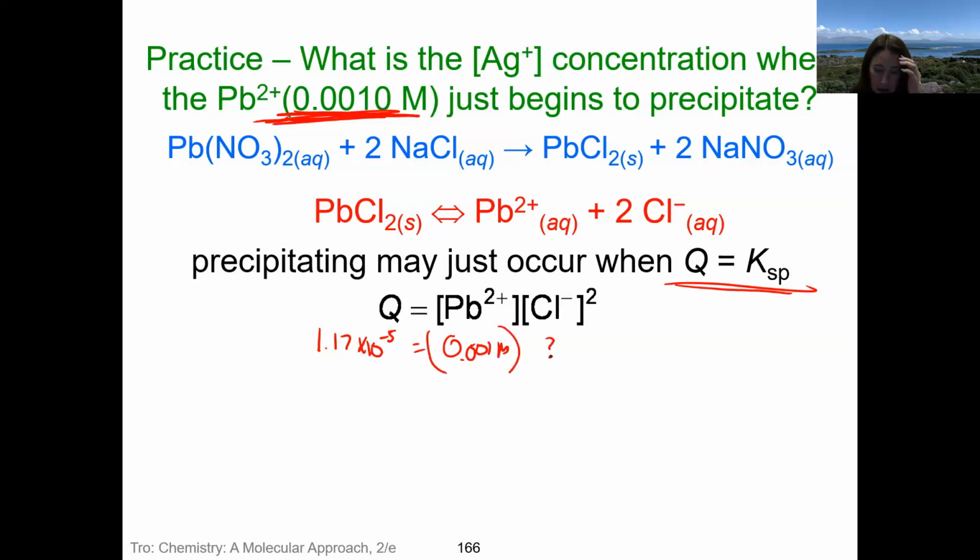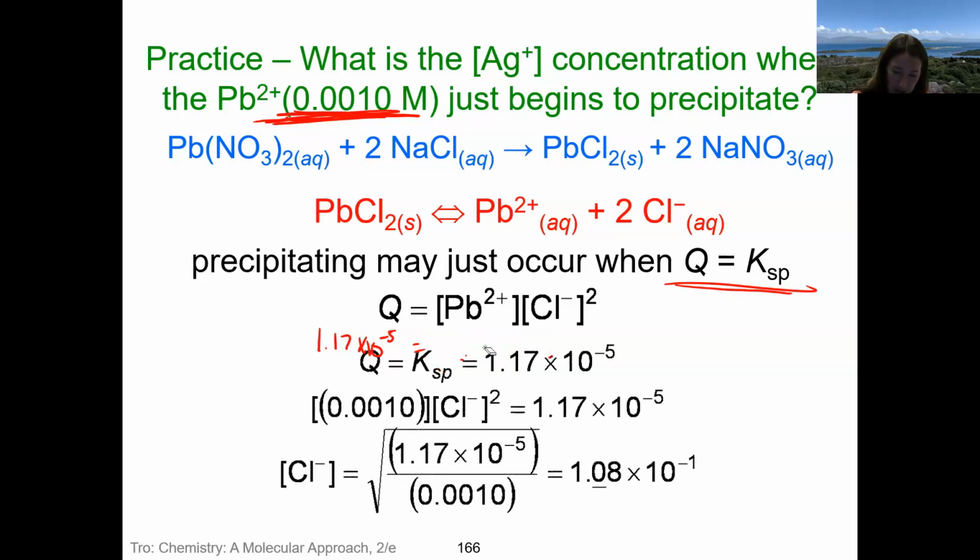And we're going to figure out our Cl. Then we're going to use that in our next piece. So again, we're just going to solve for x, right? Divide by, take the square root. And this is our chloride ion concentration.